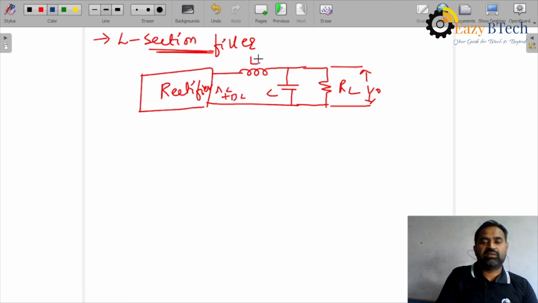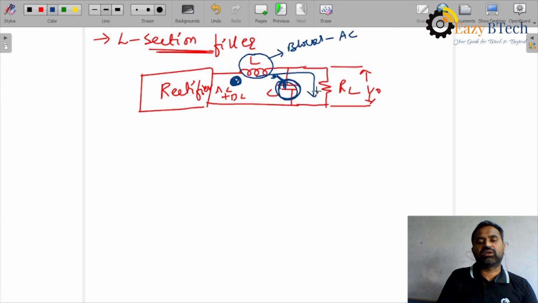The inductor blocks AC, meaning some AC is blocked here, and after that, if any AC component arrives, it can be blocked across the capacitor and the whole DC will appear across the load.